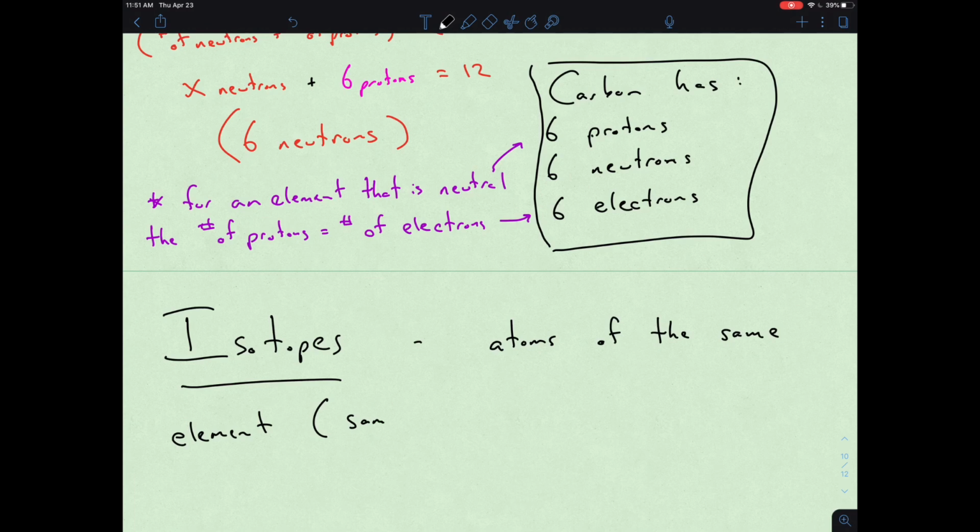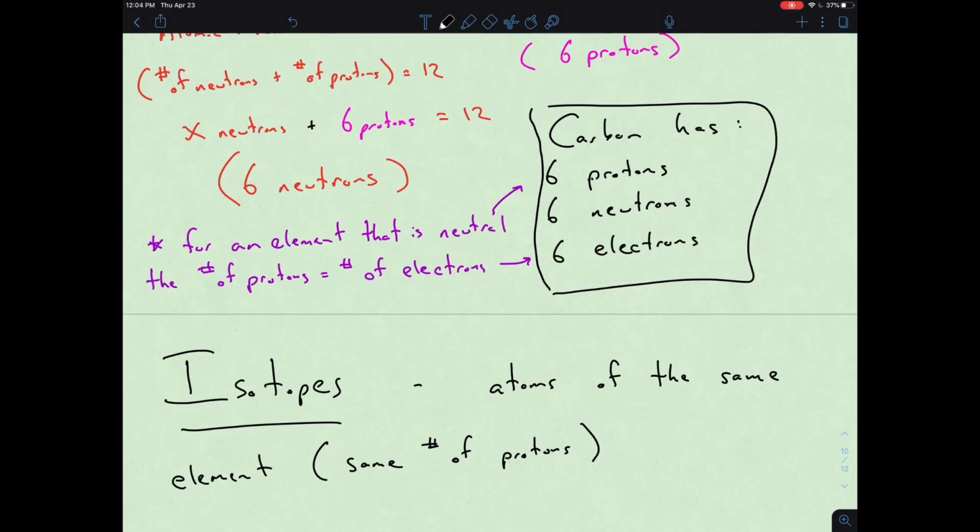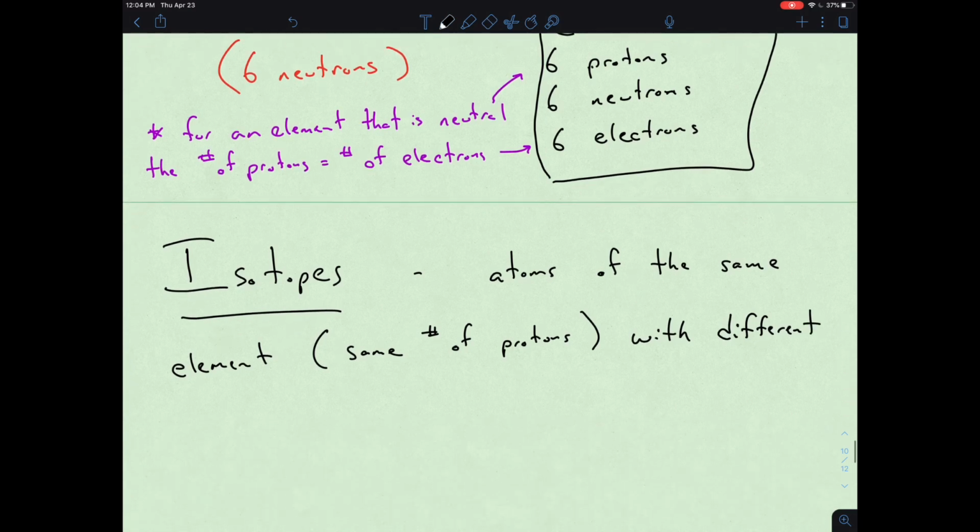That means same number of protons, with different numbers of neutrons. And so that's basically our definition of an isotope.